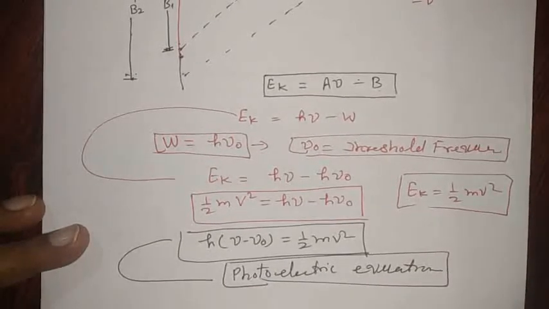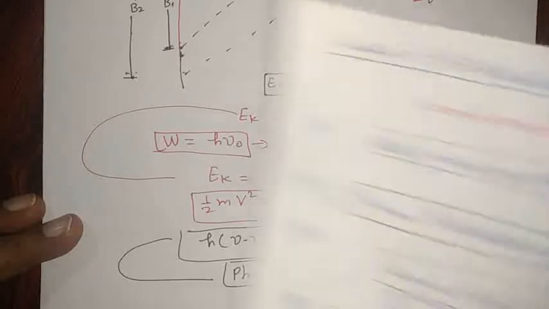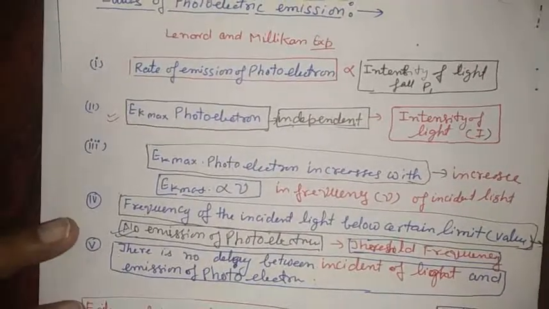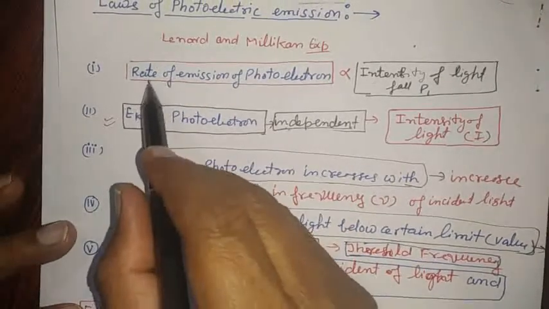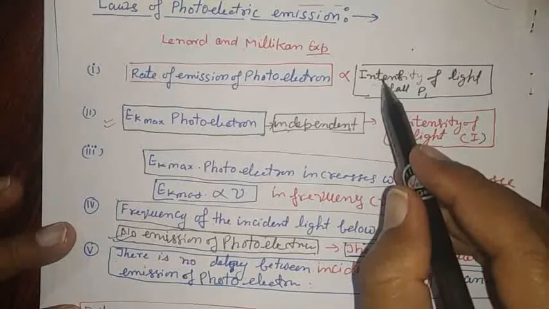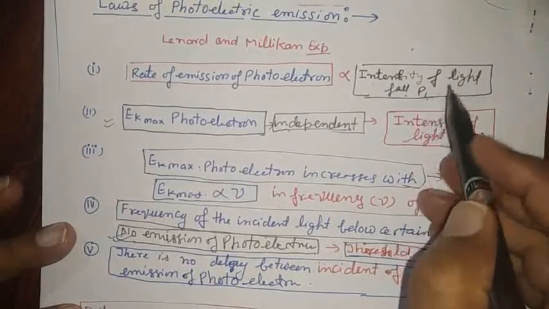On the basis of this explanation, all the observations obtained in the photoelectric laws can be clearly explained. See the 5 laws. The first one: the rate of emission of photoelectrons is directly proportional to the intensity of light falling on plate P1.